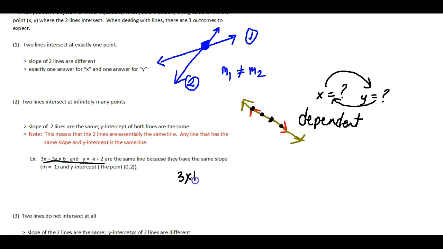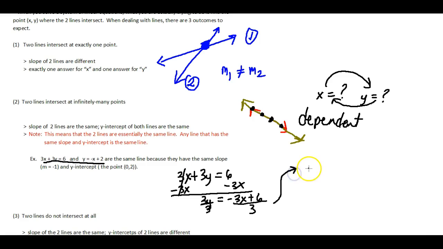So we have 3x plus 3y equals 6. One way that we could translate this is by solving for y. First, we subtract 3x from both sides. That cancels to 0, and we have 3y equals negative 3x plus 6. Then we divide both sides of our equation by 3.